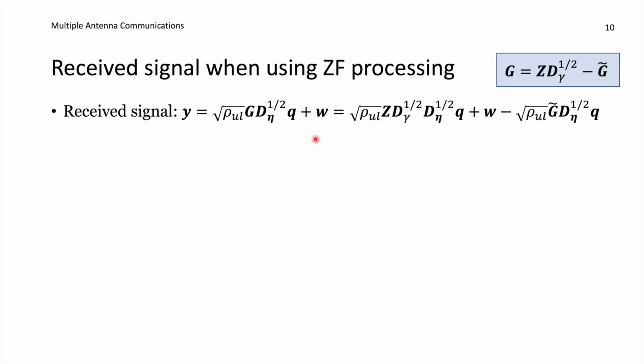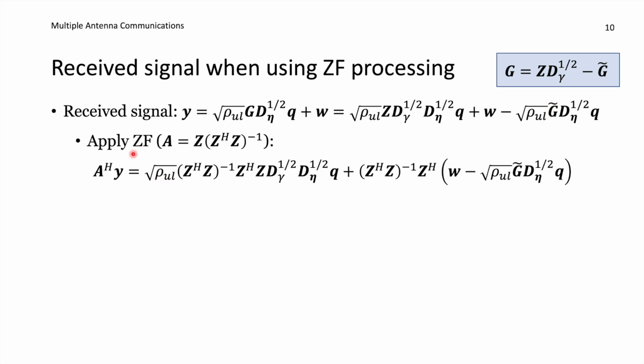So if this is our original received signal, and we replace G with this expression, we get one part here containing the channel estimate, written like this, and we have one additional term here that we subtract containing the estimation errors. And then we apply our zero forcing matrix A, written as on the previous slide using the Z matrices. We take the Hermitian transpose of it and multiply from the left hand side. We are then getting Z Hermitian Z inverse like this. We get Z Hermitian like this. And then we should multiply it with this term.